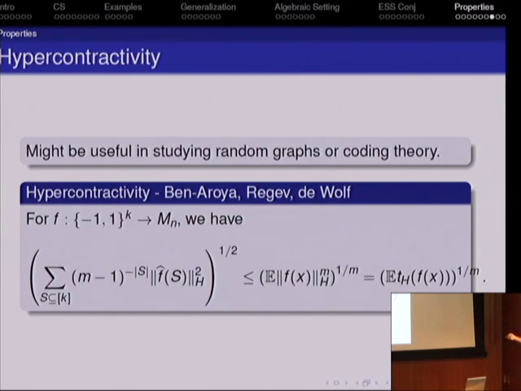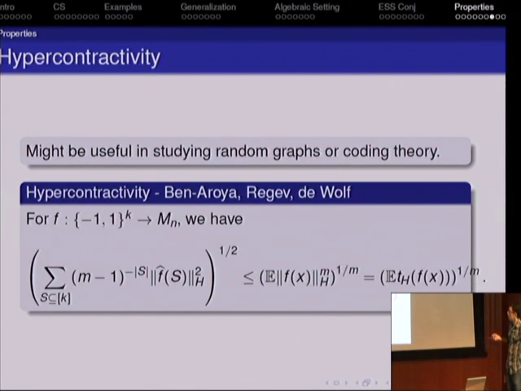Then I can write a Fourier analytic expansion for f. Just write f as the sum of these f hat s's, which are matrices now, times the Fourier characters that we know.